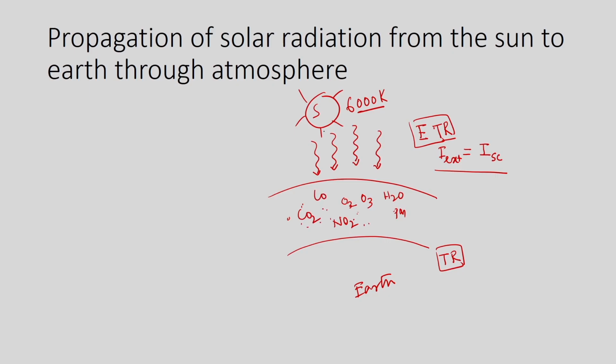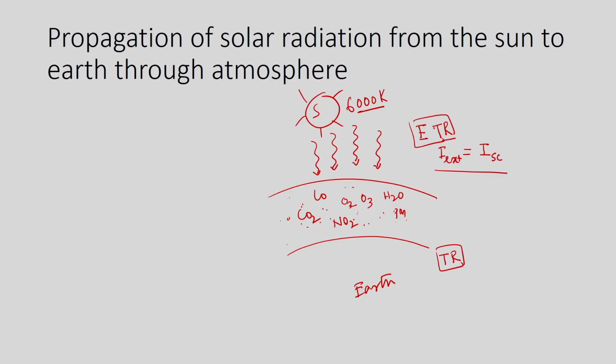So, what happens when this solar radiation is coming from the sun surface and it has to pass through this earth atmosphere? Two things happen. One is absorption of solar radiation, and second one is scattering. These two phenomena will be discussed in the later slides. Because of these two phenomena, we receive a low intensity solar radiation at the earth surface.